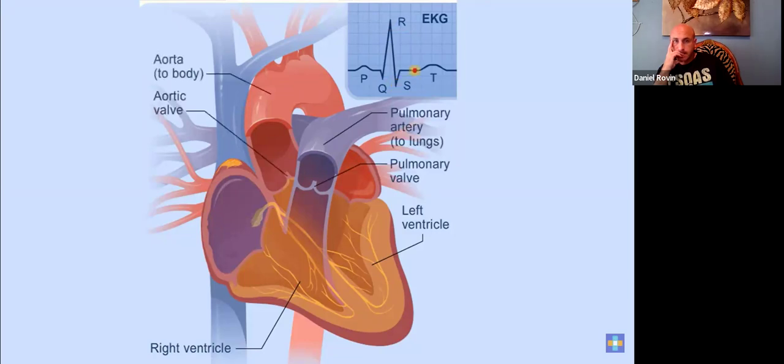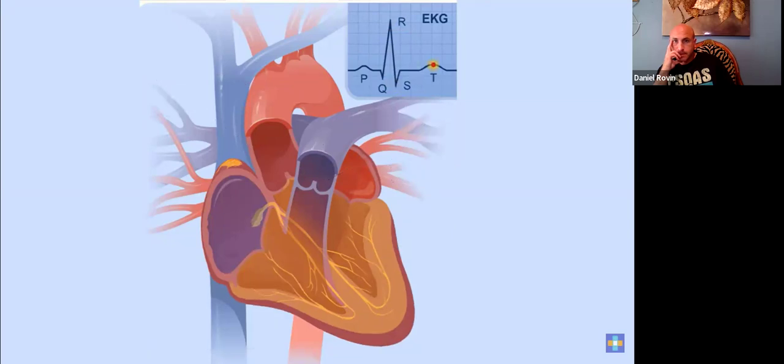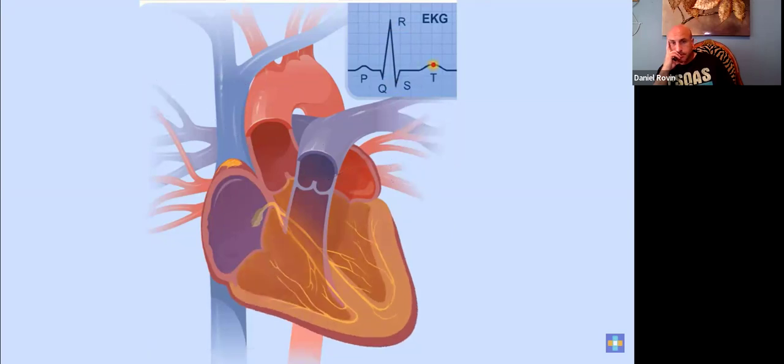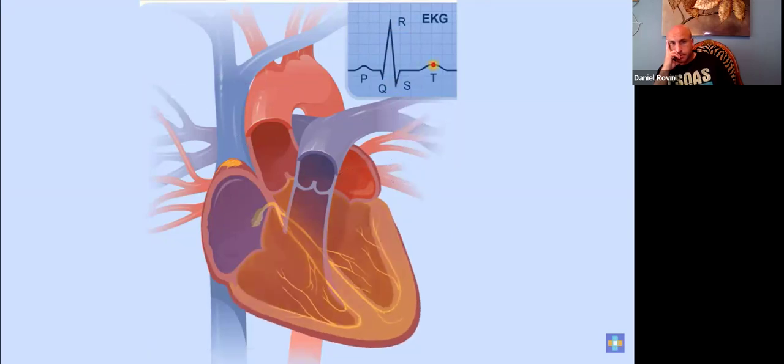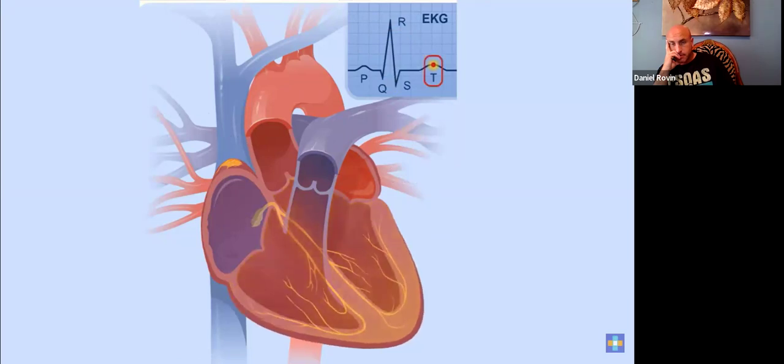As the signal passes, the walls of your heart's ventricles relax and await the next signal. On the EKG, the T wave marks the point at which your heart's ventricles are relaxing.